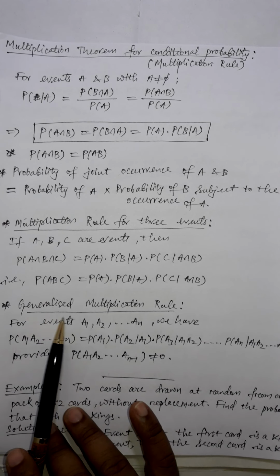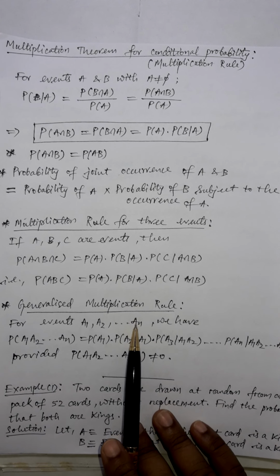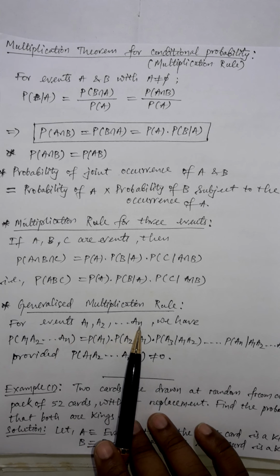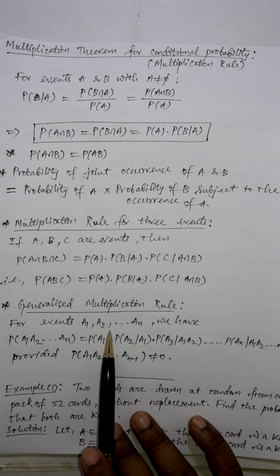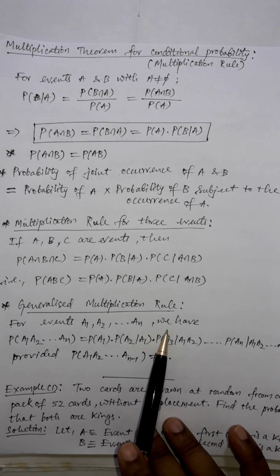Now, there is a generalized multiplication rule. That means, say there are n number of events A1, A2 up to An of the same sample space.